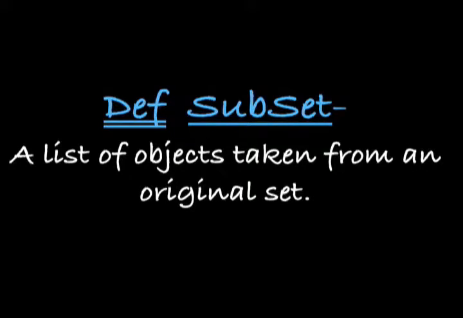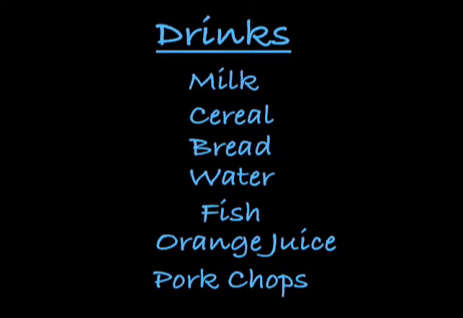The definition of a subset: a list of objects or things taken from an original set. So if we wanted to construct a list consisting of all the drinks from our grocery list, this is what we'd do.